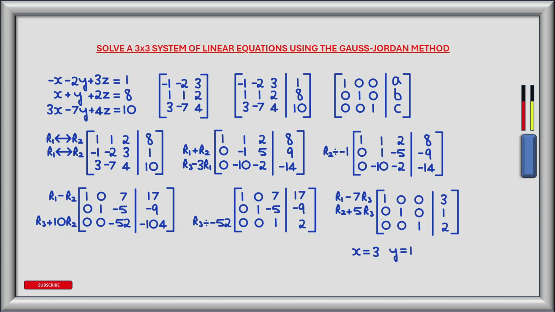Looking at row 2, we have 0 x's, 1 y, 0 z's, and this is equal to 1. So y is equal to 1. And finally, looking at row 3, we have 0 x's, 0 y's, 1 z, and this is equal to 2. So z is equal to 2. So the solution to our 3x3 system of linear equations is x equals 3, y equals 1, and z equals 2.